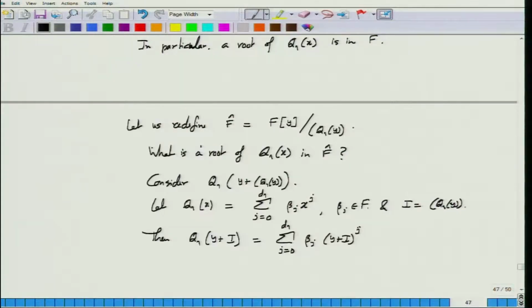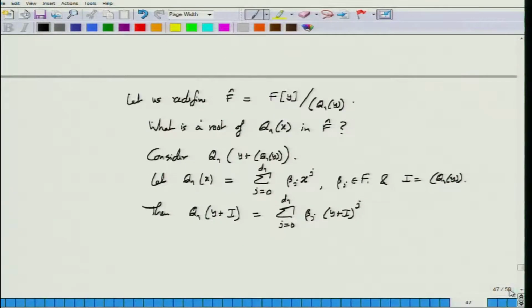The moment I do this substitution, Q1(y plus I) becomes an element in the field F hat, because y plus I is an element in the field F hat, and I am just doing some addition and multiplication using that element.